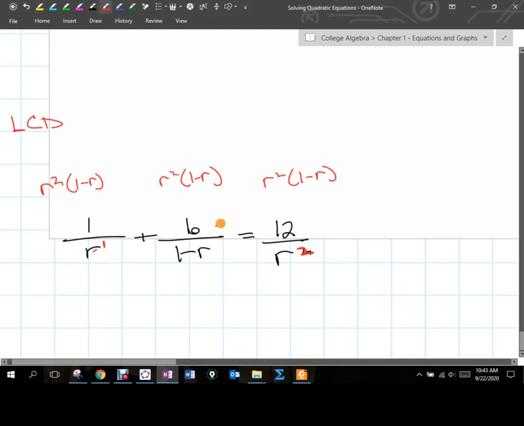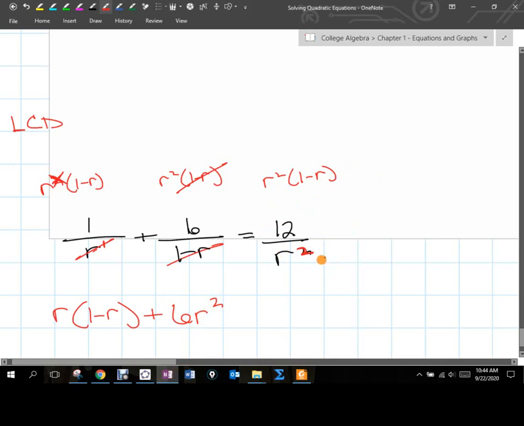When we do that, in the first fraction, that R is going to cancel with one of these R's, leaving me with just 1 times R times 1 minus R. Is that okay with everybody? In the second fraction, the 1 minus R's cancel, and it leaves me R squared times 6, so 6R squared.